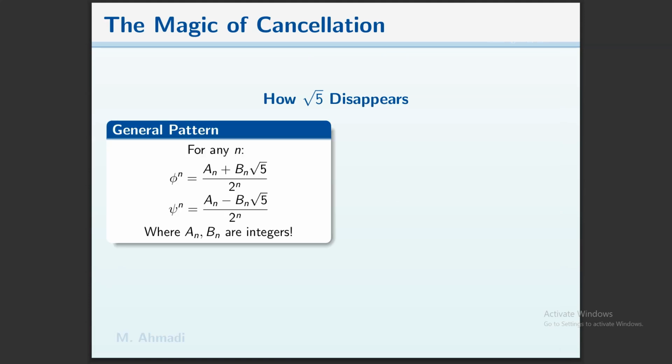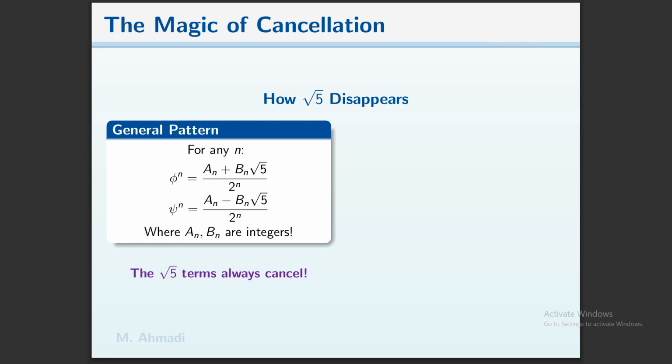How does the square root of 5 disappear? The magic is the cancellation. The general pattern for any n: phi to the n equals (a_n plus b_n times square root of 5) over 2 to the n, and psi to the n equals (a_n minus b_n times square root of 5) over 2 to the n, where a_n and b_n are integers.